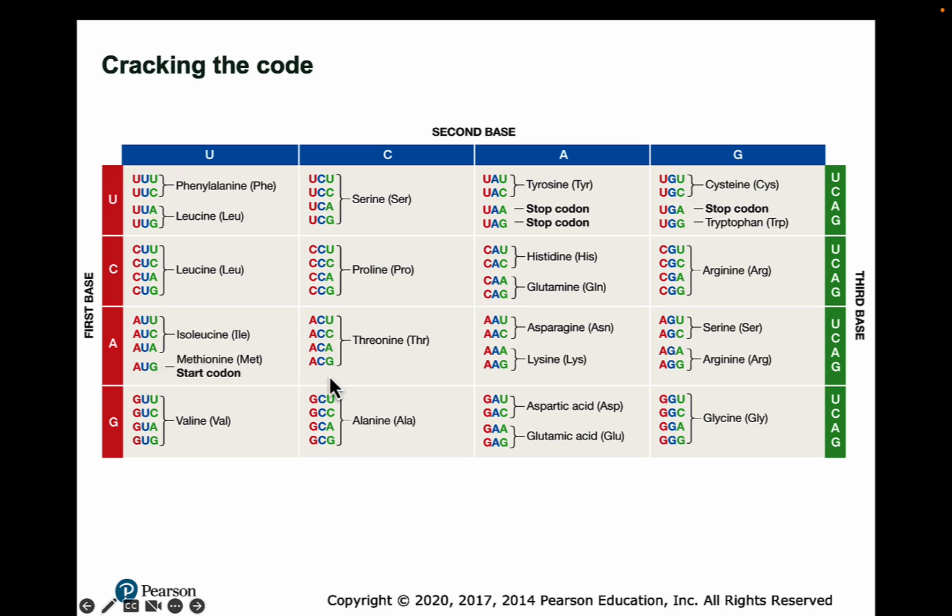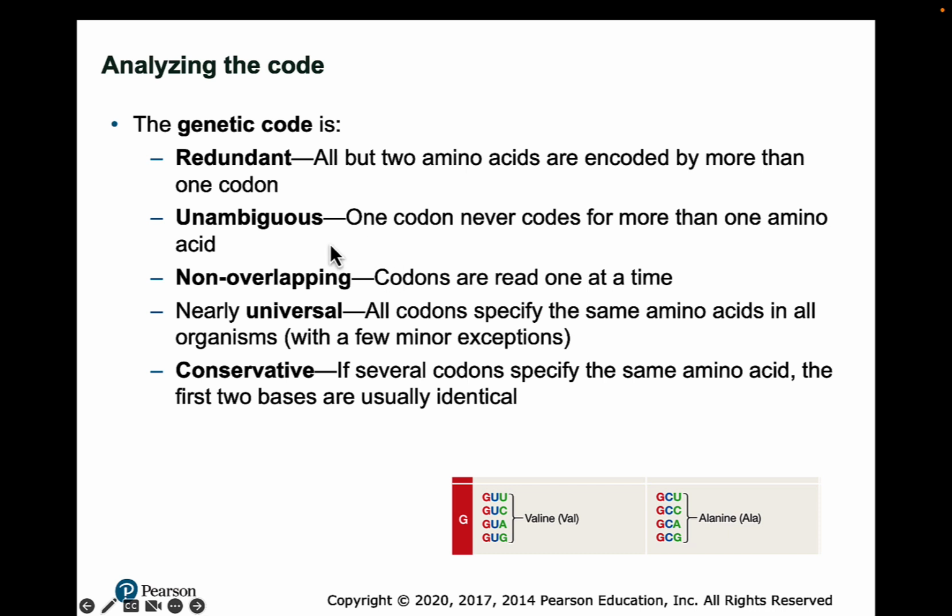But most of them have several codons that can be converted into an amino acid. They're also unambiguous. What that means is that one codon never codes for more than one amino acid. So when we get a codon, we know exactly what amino acid it is going to code for.